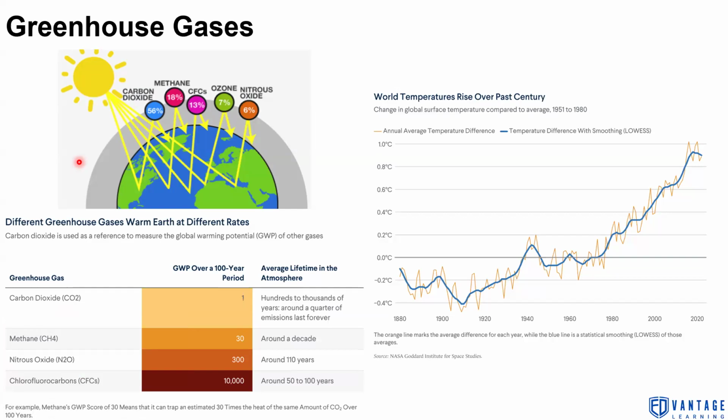So out of that, carbon dioxide plays a major part in those emissions or those reflections that we get back onto the Earth's surface. With methane in second place. Like we all know, oil and gas industry includes methane production as the primary component.